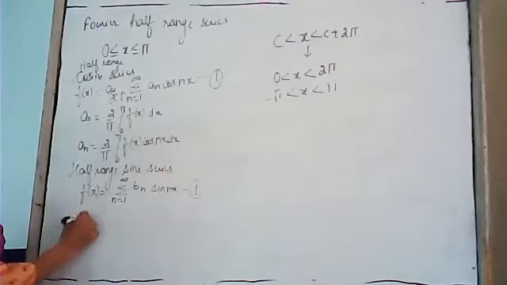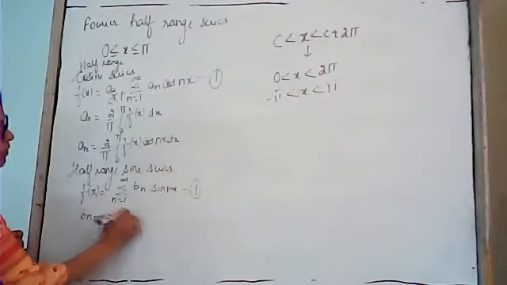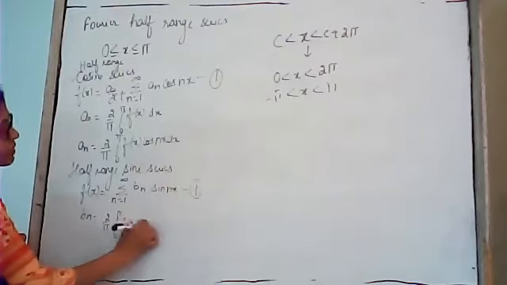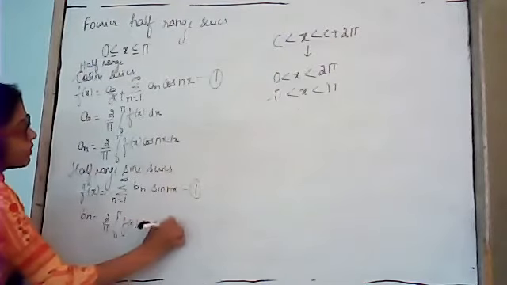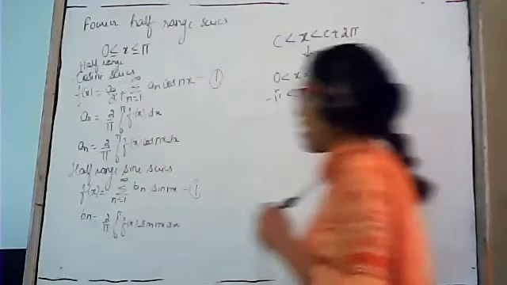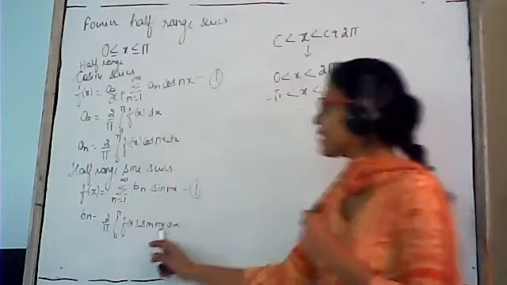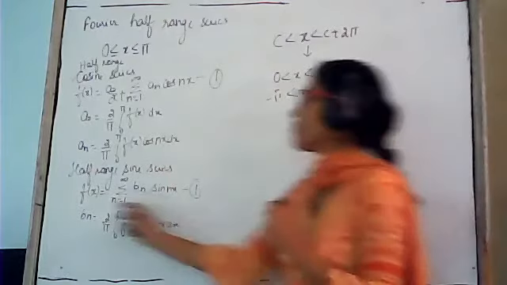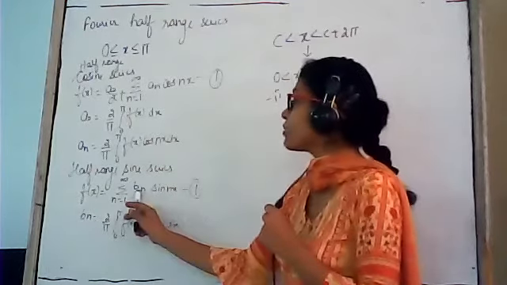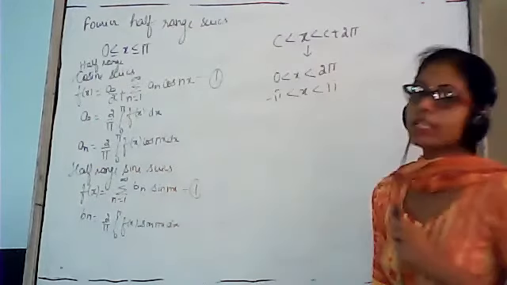In this case, the value of b_n will be 2 by pi, integral 0 to pi f(x) sine of nx dx. After evaluating this value b_n, we have to substitute the value over here and we will find the Fourier half range sine series.